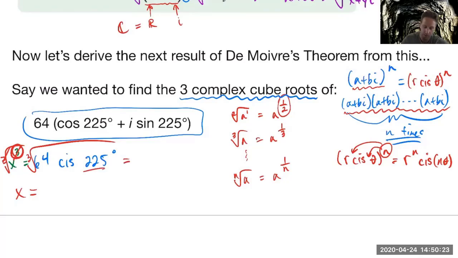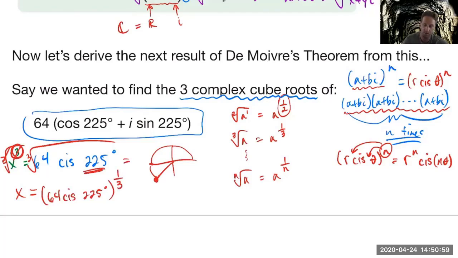But if you remember, 225 degrees is actually located at 180 plus 45 more right there. And hopefully you all remember that when we apply de Moivre's theorem to that thing, which is in polar form, our r cis theta, instead of writing the whole thing with a cube root or radical, I can raise it to the power of 1/3.